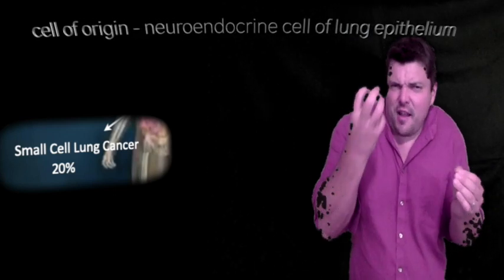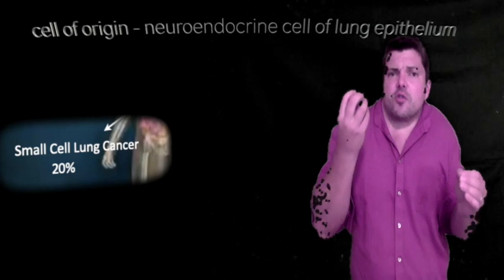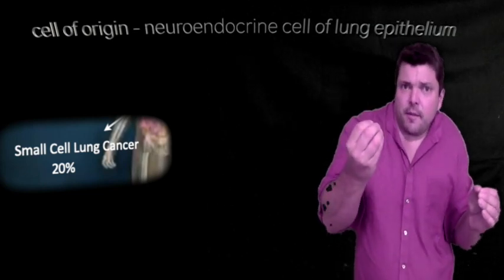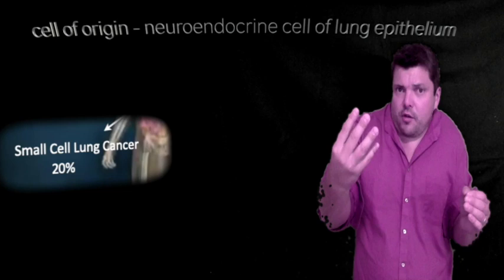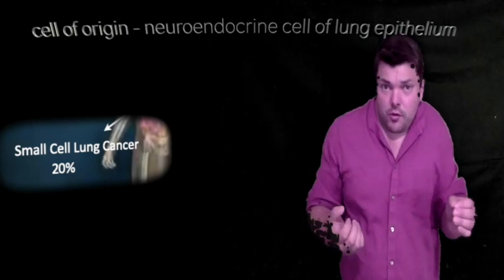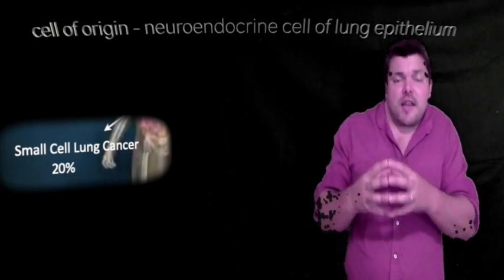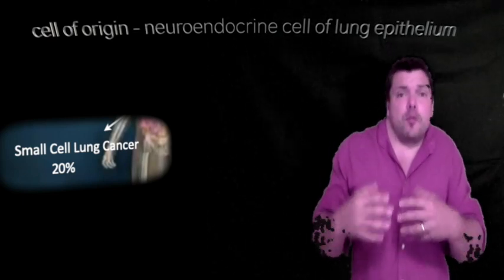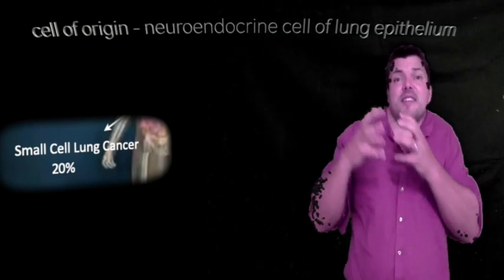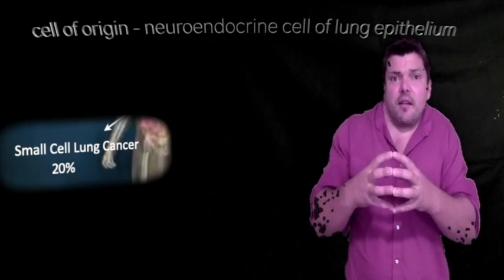Small cell lung cancer's cell of origin is from a cell in the epithelium that has neuroendocrine capabilities. Now, if you don't remember what endocrine is from A&P, your endocrine system produces hormones. Neuroendocrine cells are cells that are able to produce hormones in a neurologic response to the environment that they're in.